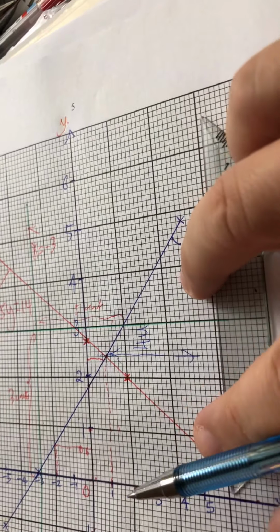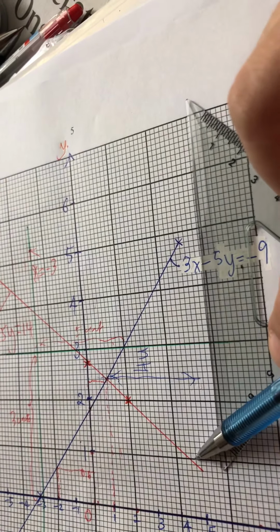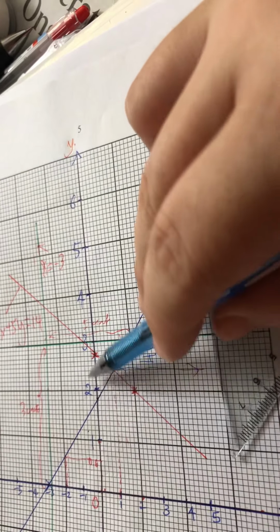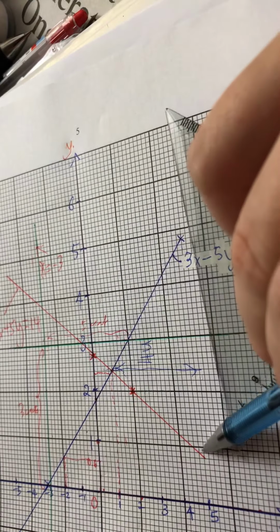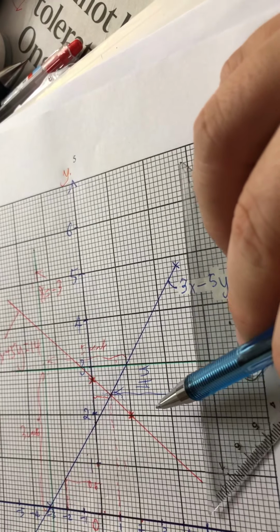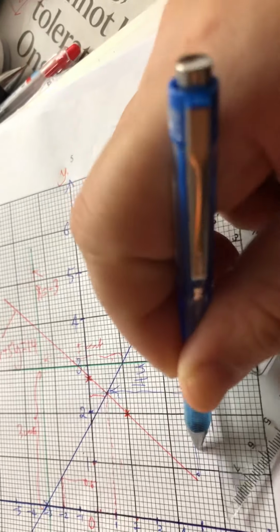You shift this whole triangle 2 boxes to the right. Don't you agree the length of the base is actually 1, 2, 3, 4 units? So this is also 4 units.